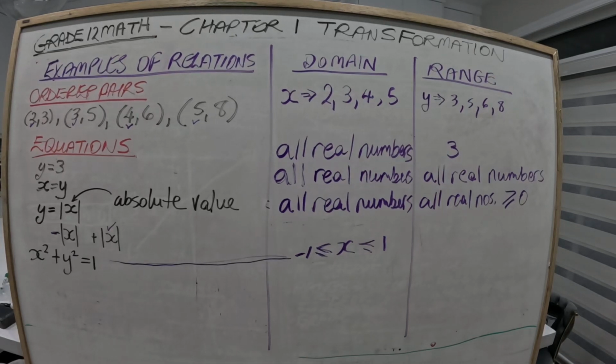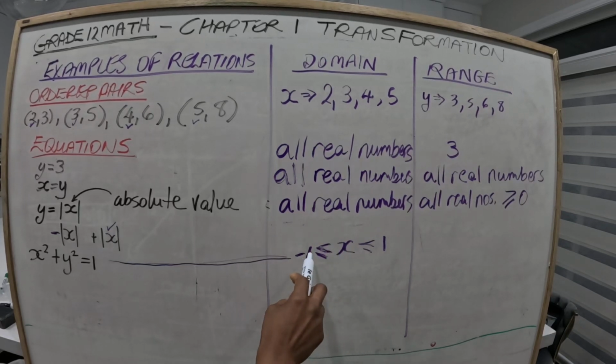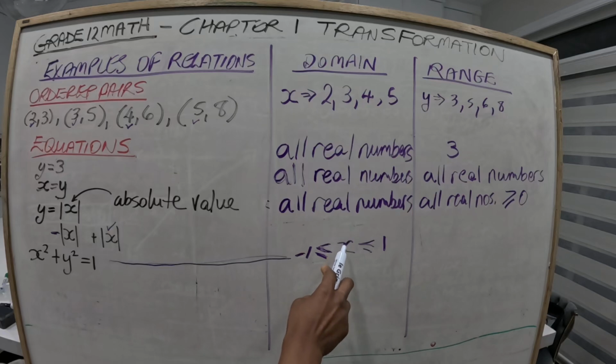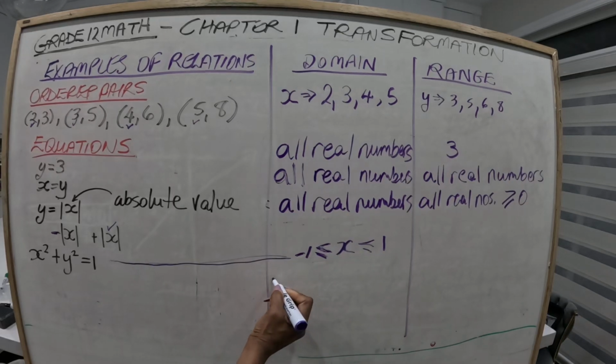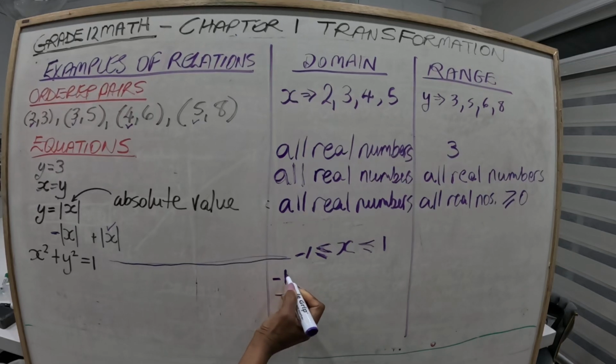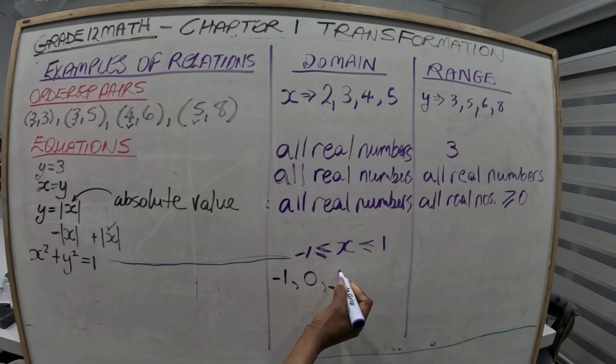Okay? So let's think of all the values that will be greater than or equal to -1 and less than or equal to 1. The only whole numbers that we can think of in this category are -1, 0, and 1.